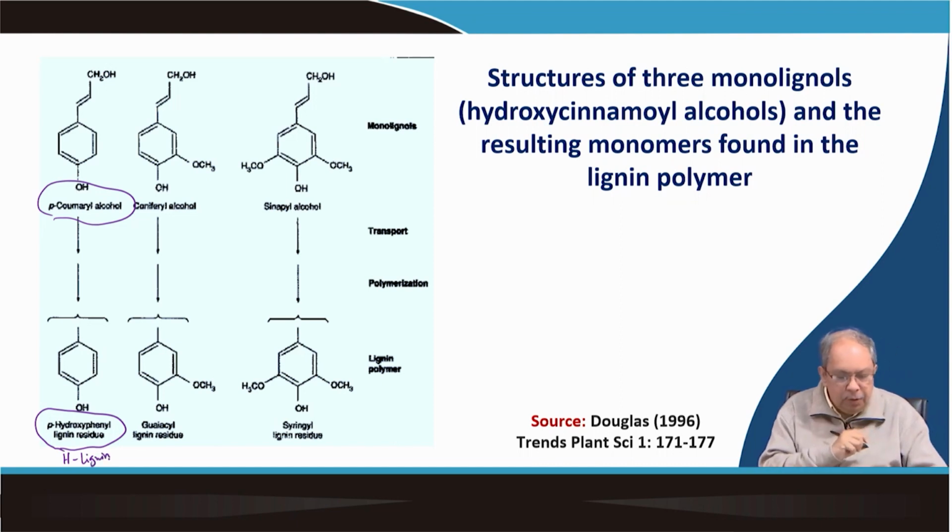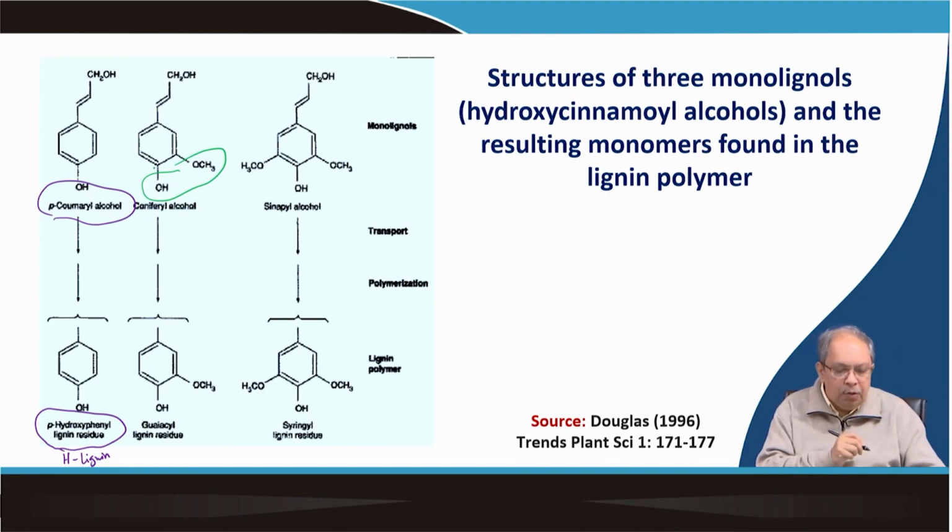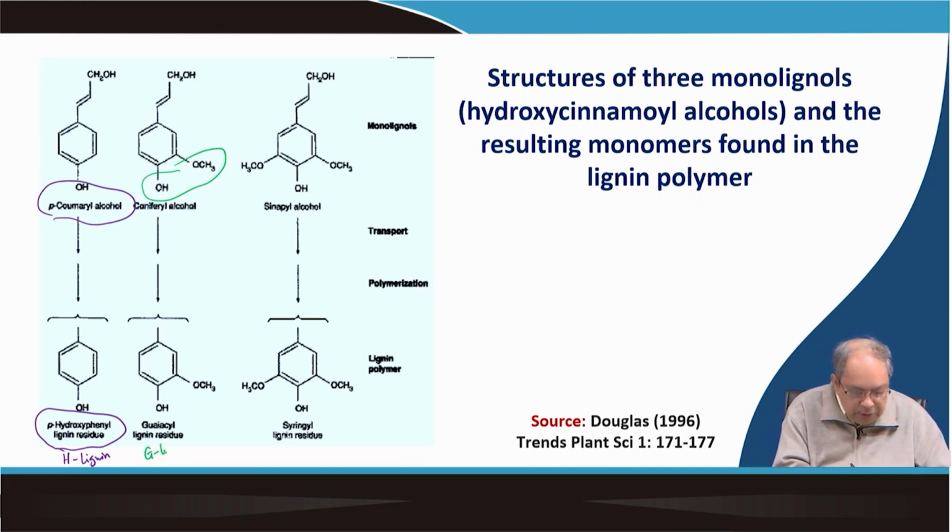Whereas, the coniferyl alcohol, which comes from ferulic acid, as you see the structure here, contributes to the formation of guaiacyl lignin, or G lignin.